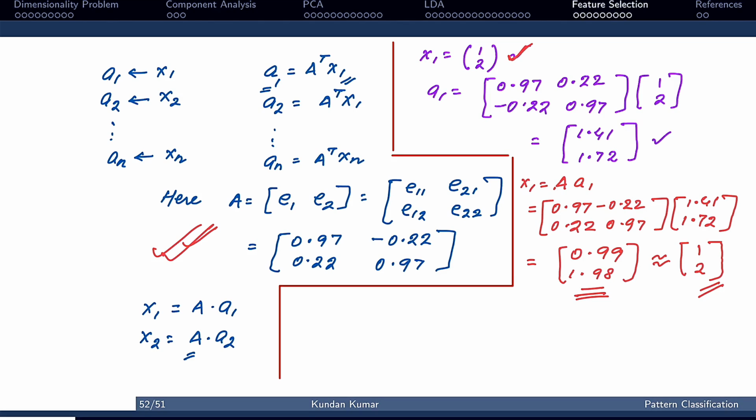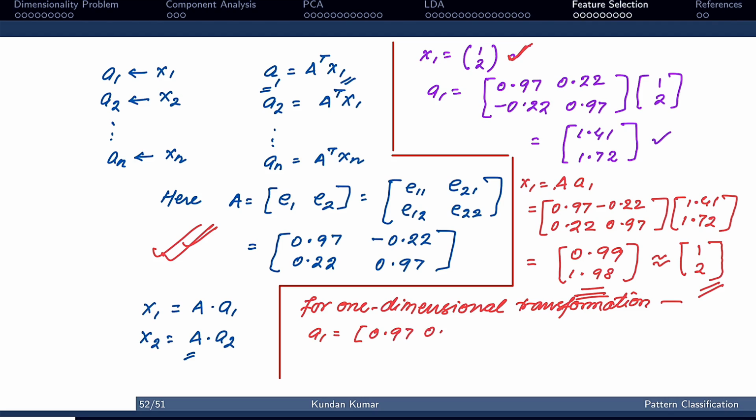So, for one-dimensional transformation, A1 equal to 0.97, 0.22 into 1, 2. Okay. So, we can compute this term, it will give you 1.41.